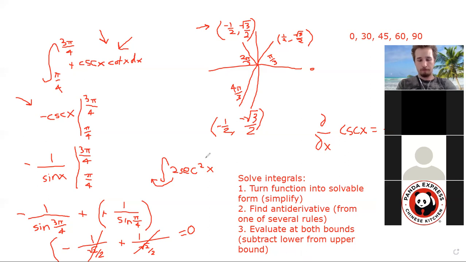And so that's an example of doing step 1. You simplify or use rules of integrals to turn the function into something that we know the antiderivative of. And once you're able to find the integral, it's pretty simple to plug in both bounds.